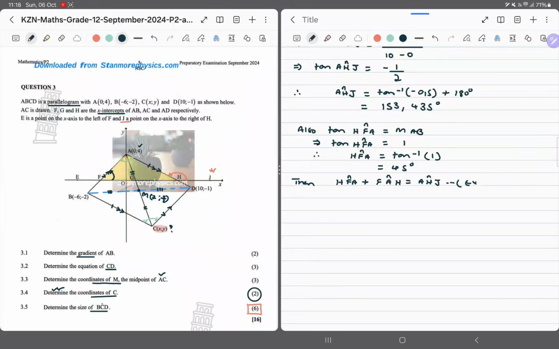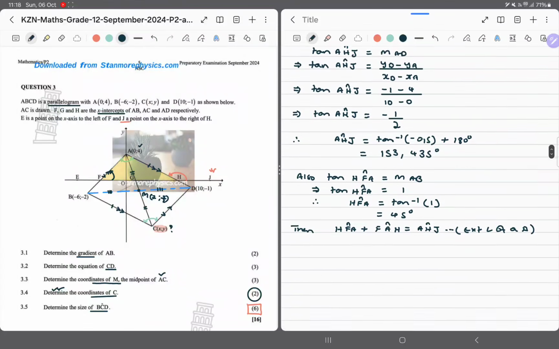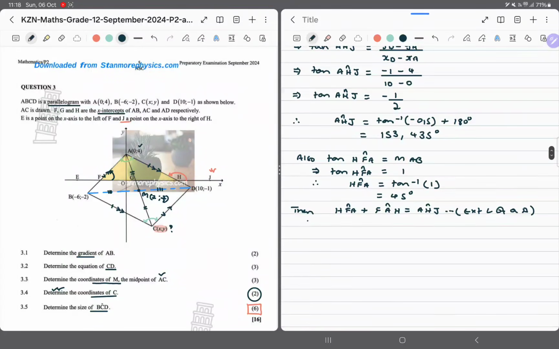This is the exterior angle of a triangle. And we have stated our triangle nicely because we're still working with it. This implies that 45 degrees plus this one, which we don't know, but we want to use it as a surrogate for our final angle. So this one is 153,435 degrees.